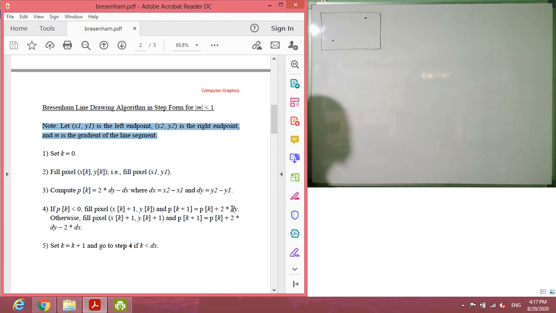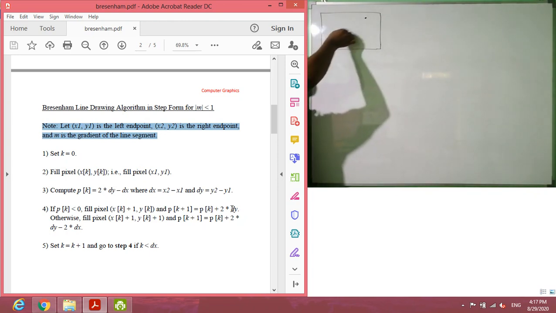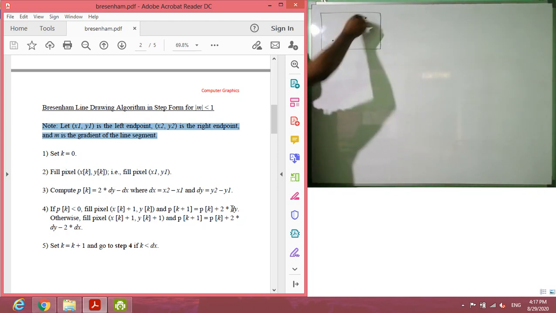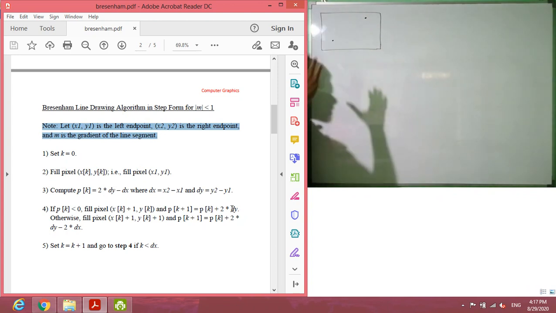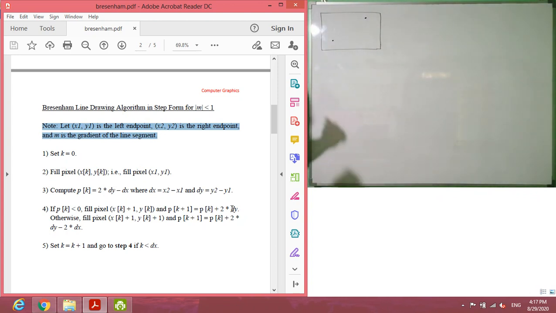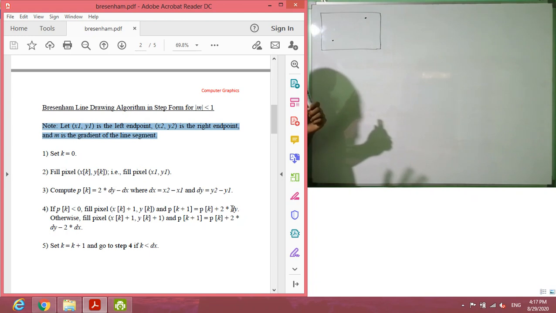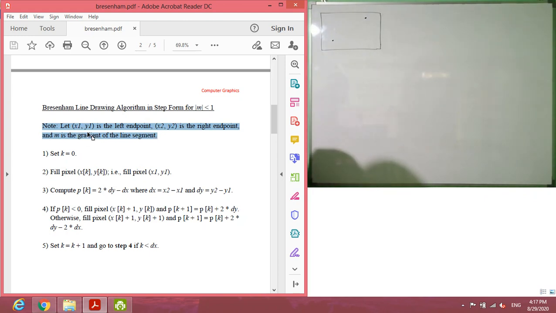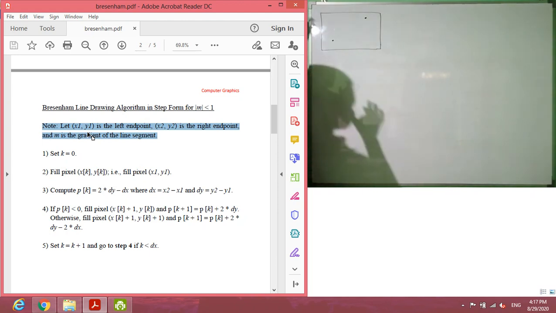Then the algorithm should be able to connect these 2 endpoints using appropriate pixels. We have to select x1, y1 as the left endpoint.